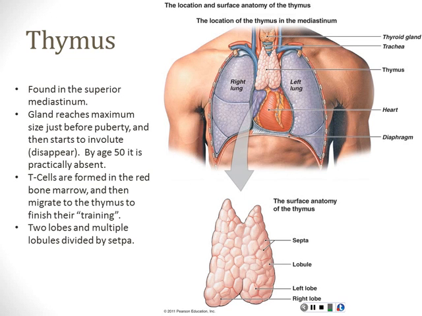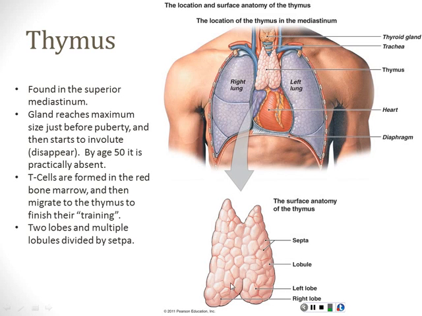So all that to say, the thymus starts to disappear just after puberty, and by 50, it's usually totally absent. So in the adult, you have a hard time finding it, either on X-ray or CT scan or even in a cadaver. So the thymus is not a permanent organ, is the lesson there.